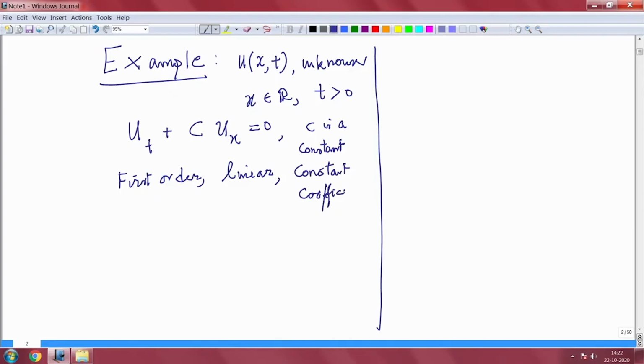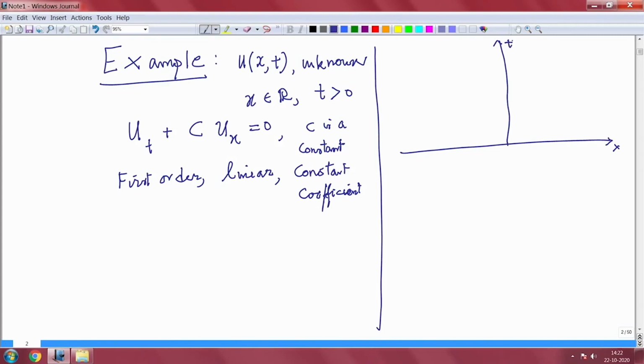So, I am going to solve this problem. You may have many questions after solving this problem. So, the problem is in the upper half plane. This is your x, this is the t variable.